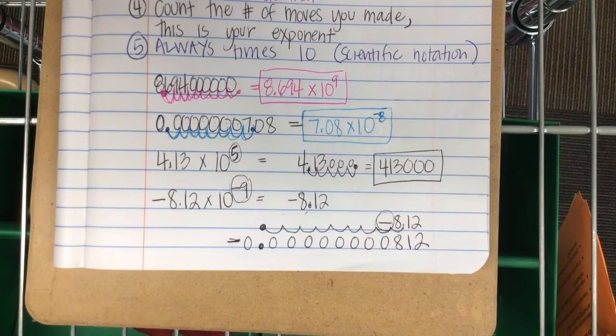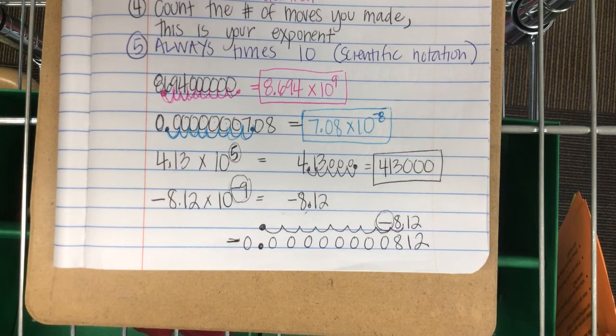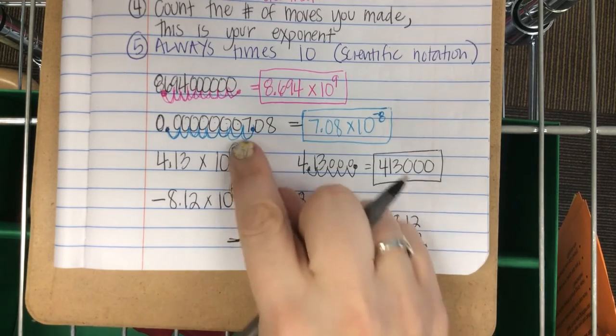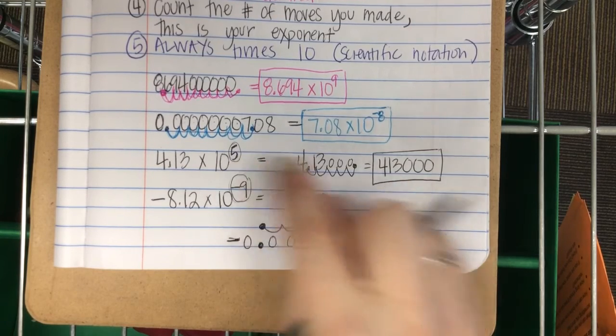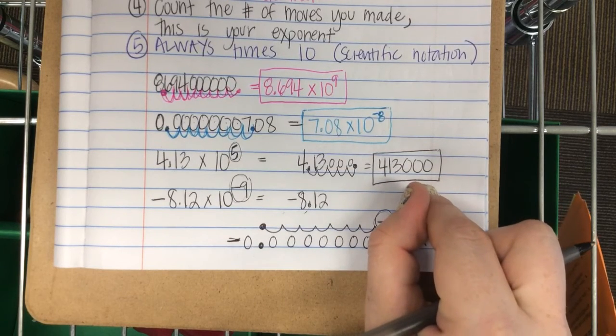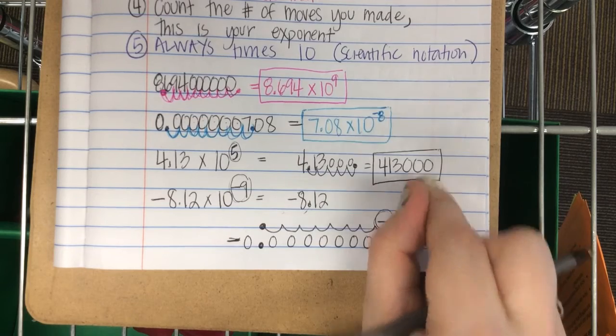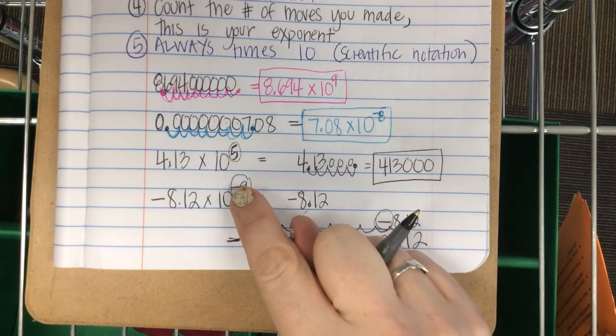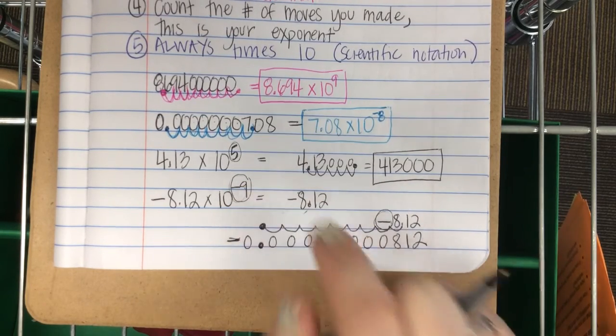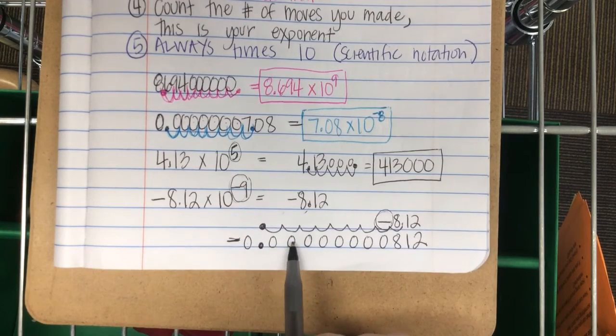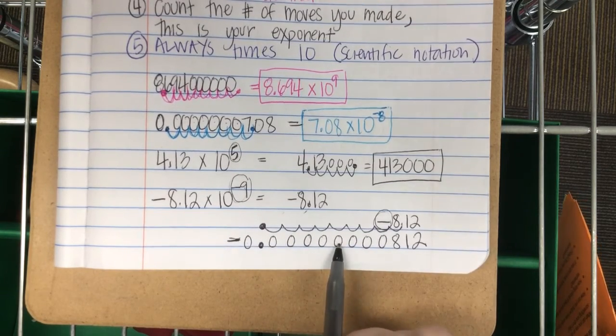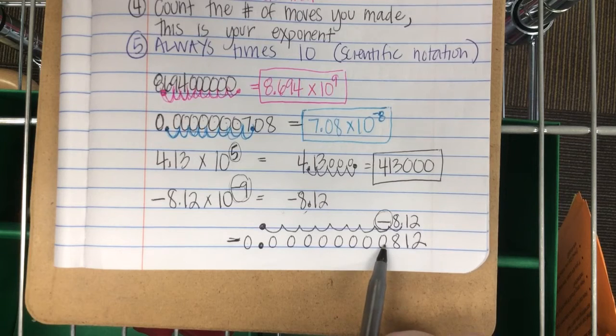Don't forget that negative. Now here's my trick, ladies and gentlemen. I told you when it's 5, it does not mean 5 zeros. True? But if it's negative, guess what that means? 1, 2, 3, 4, 5, 6, 7, 8, 9.